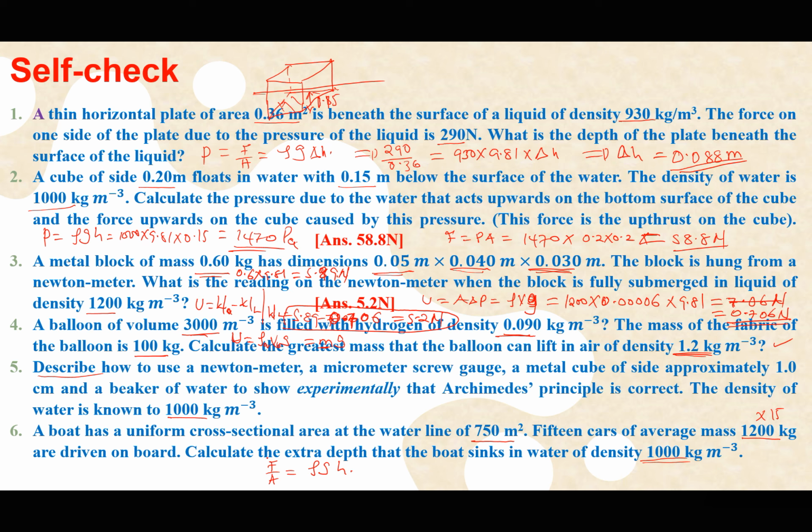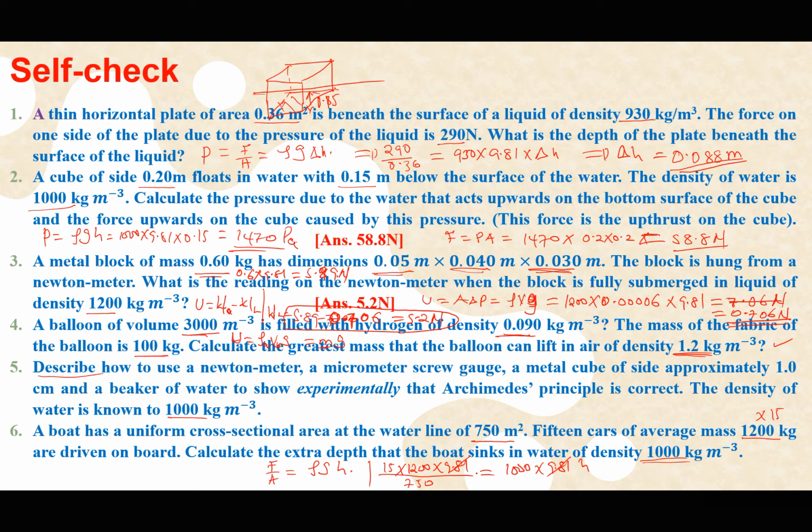So we have the total force, which is 15 times 1,200, that is the mass, times g. So 15 times 1,200 times 9.81, that is the weight, divided by the area, which is 750, should be equal to the density, which is 1,000, times g, which is 9.81, then times h. So g cancels.